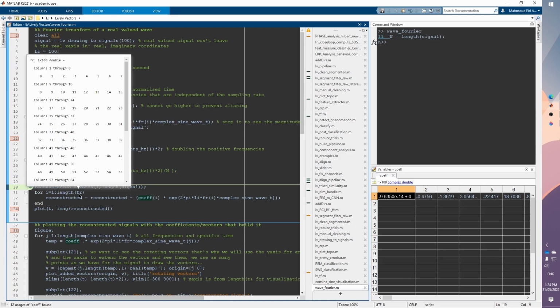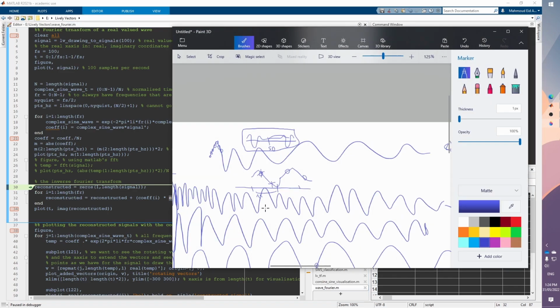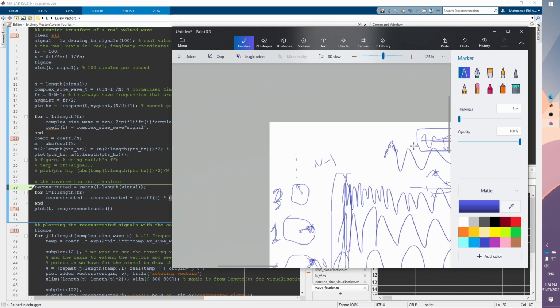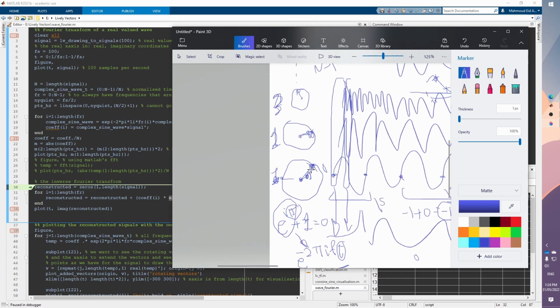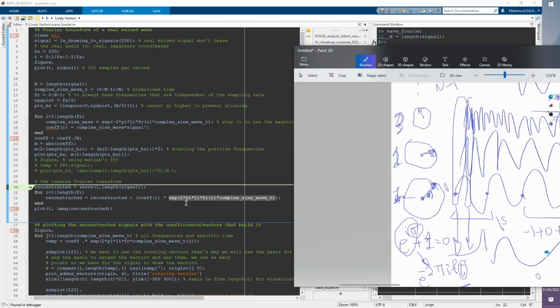So I'm looping over the frequencies a second time and taking this vector, and then for each frequency I am rotating its vector. As we said, after getting these vectors, we just need to rotate them each with its corresponding speed. So that's what I'm doing here, e to the power 2 pi i.